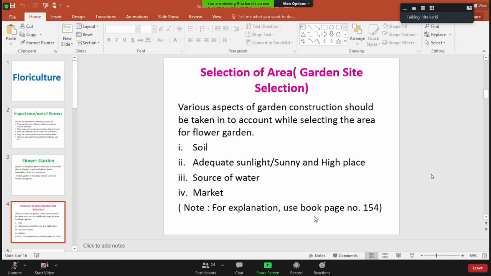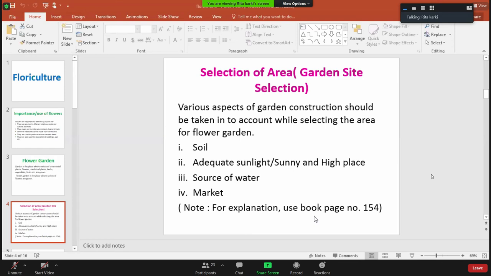It could be near a water resource, near a well, or near the river areas. But those areas should be able to supply enough water, so that we do not feel any difficulty in irrigating the flowers and the ornamental plants.